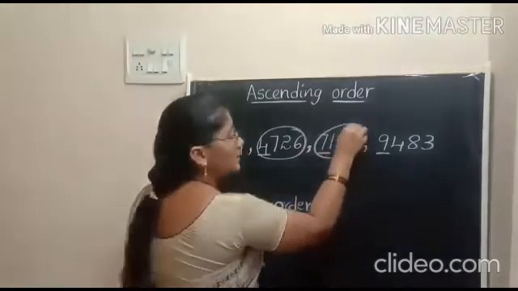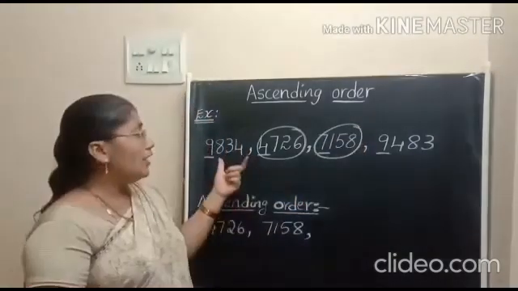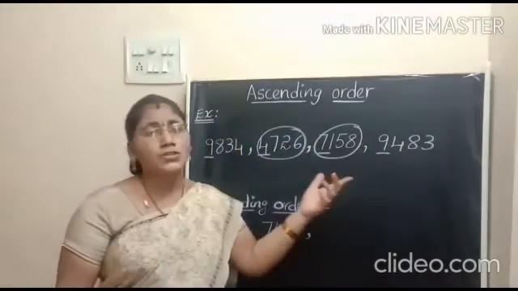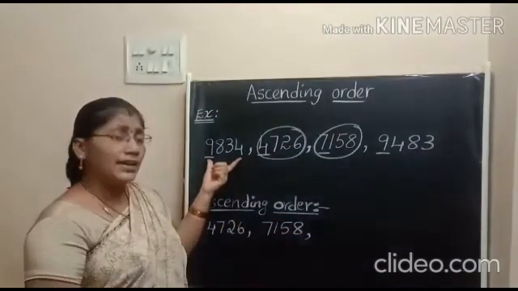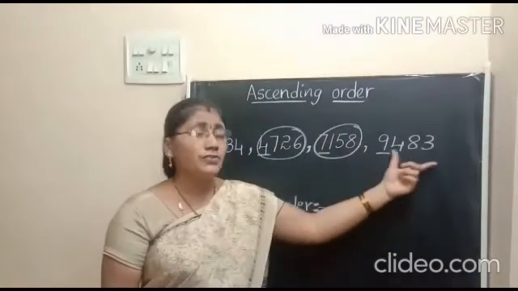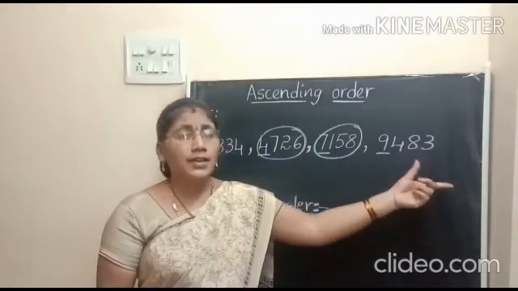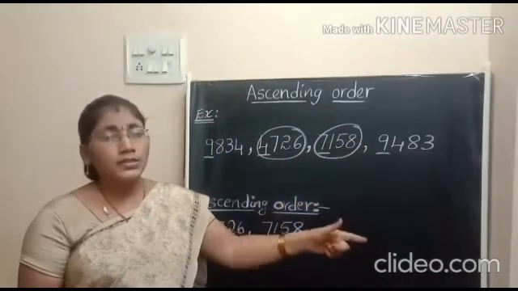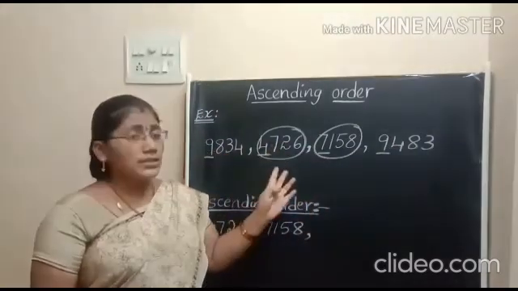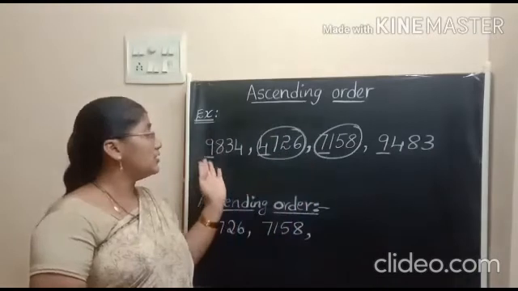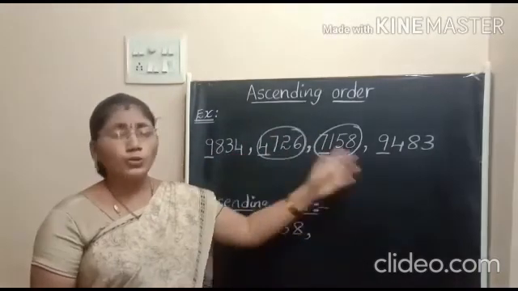After writing this number, here we have only 2 numbers to compare. Those are 9834, 9483. Let us compare these 2 numbers. These 2 numbers have 4 digits and the first digit is also the same for both numbers.